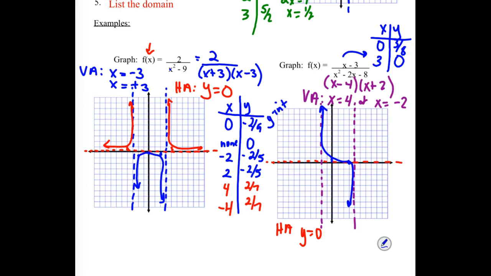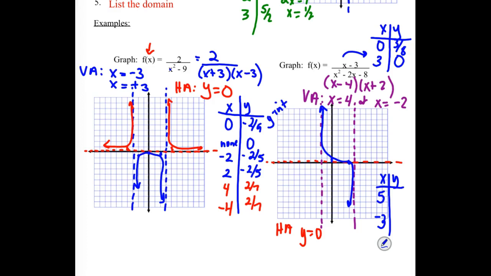Which means we need to figure out what's happening on the outsides of those vertical asymptotes. Let's choose a 5, something just to the right of our positive 4 here. And let's use negative 3 on the other side. Okay? You can put those values into the original problem or into its factored version. It doesn't matter.